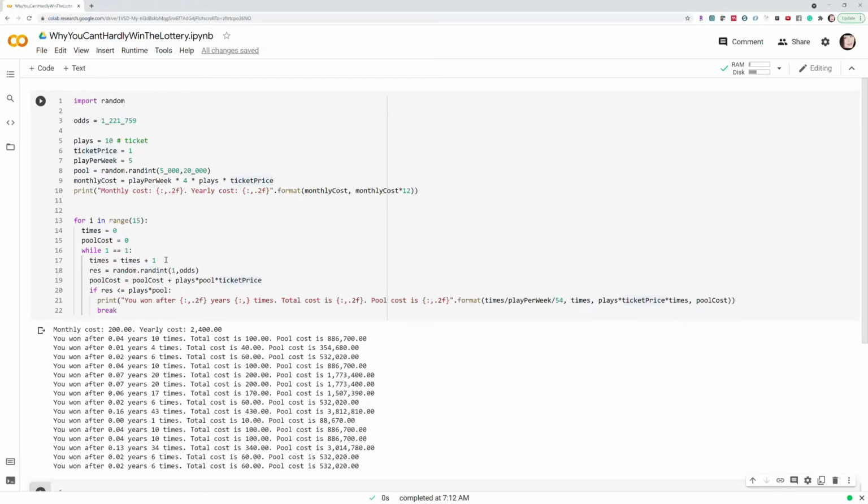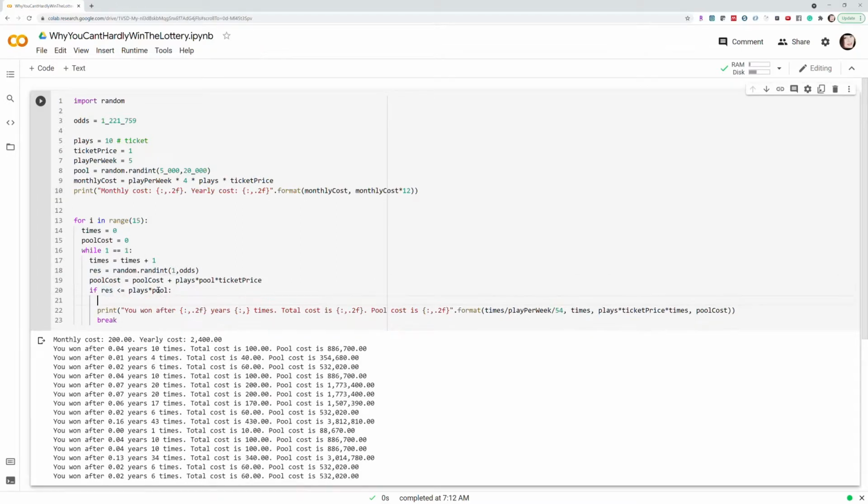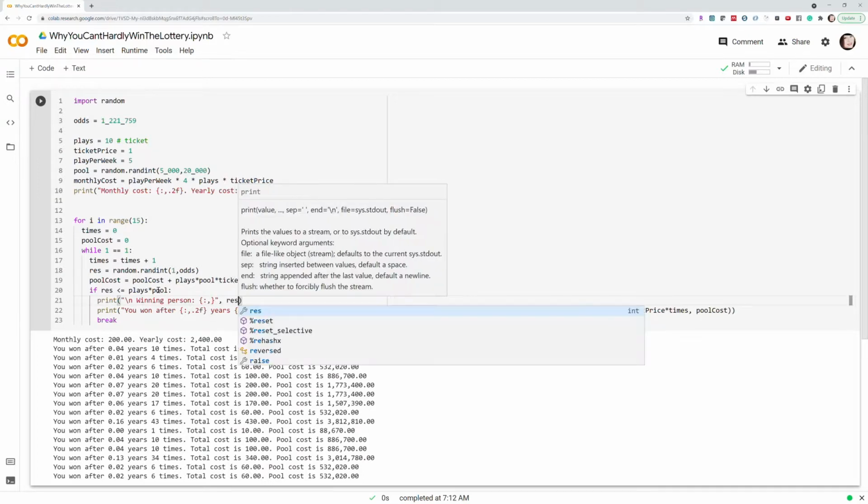So now the next thing is we want to know who wins, right? In order to know who wins, we think about the result. The result is basically the people that won, right? So we're going to print winning person, and I am going to just say rest.